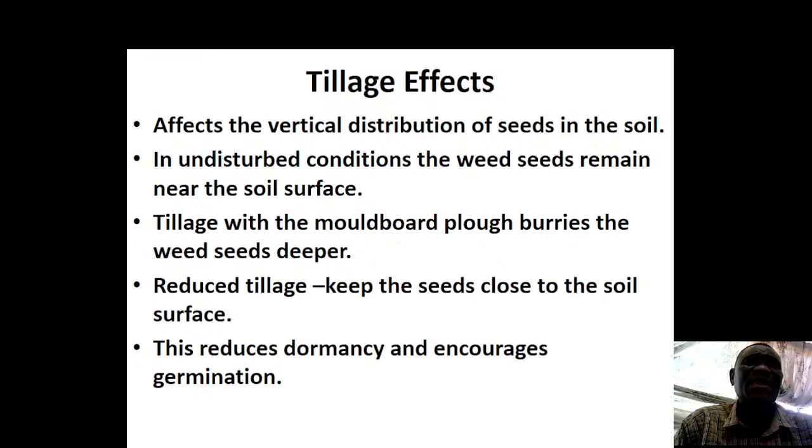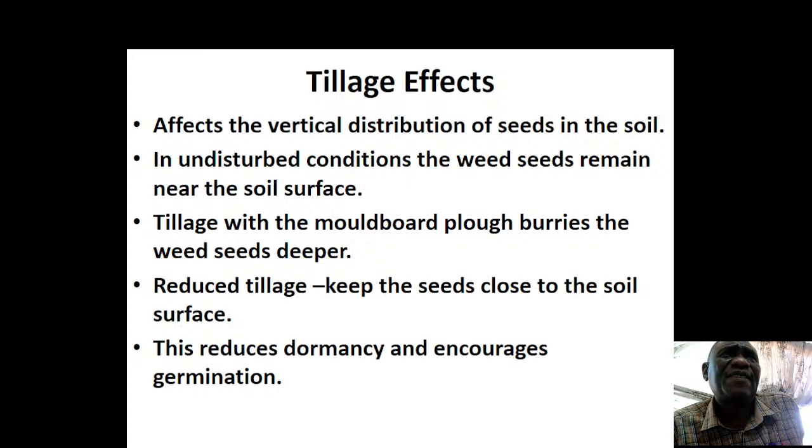Now let us look at the tillage effects on the weed seeds. Tillage can affect the vertical distribution of seeds in the soil. In undisturbed conditions, the weed seeds remain near the soil surface.